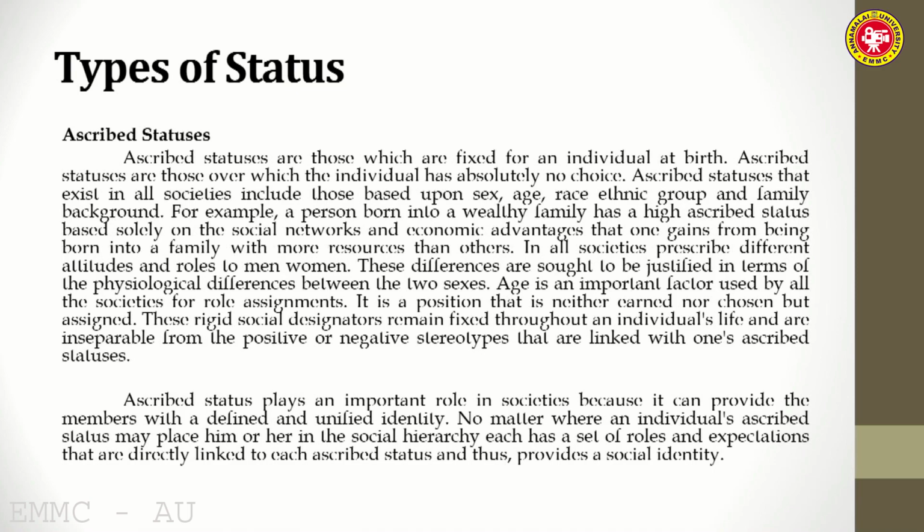For example, a person born into a wealthy family has a high ascribed status based solely on the social networks and economic advantages that one gains from being born into a family with more resources than others.